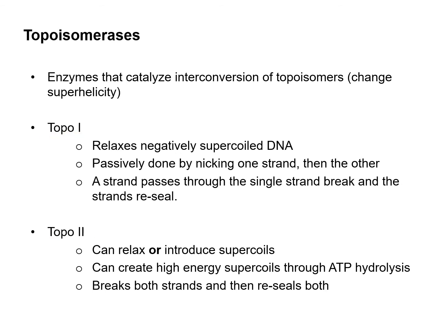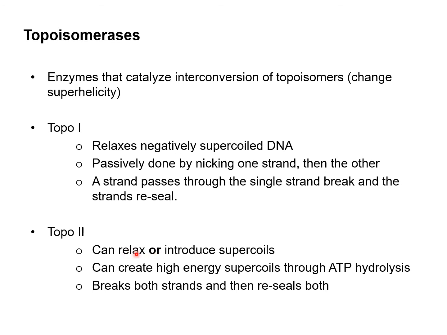Topo 1 relaxes negatively supercoiled DNA, and this process can be done passively by nicking one strand, then the other strand passes through the single-strand break, and then the strand reseals. But topoisomerase 2 has a slightly different mechanism for changing the superhelicity.